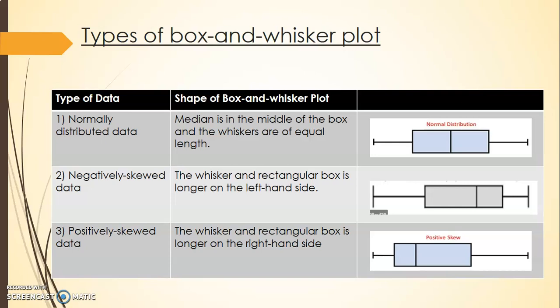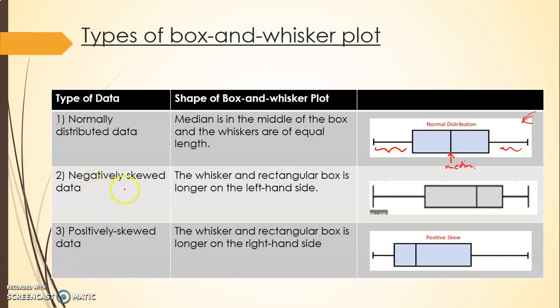When you have normally distributed data, your box plot should look like this, where the median is in the middle of the box and the whiskers are of equal length. The two whiskers here should be equal in length. When you have something like this, you can say that your data is normally distributed.